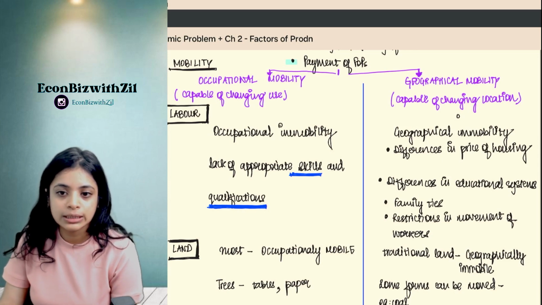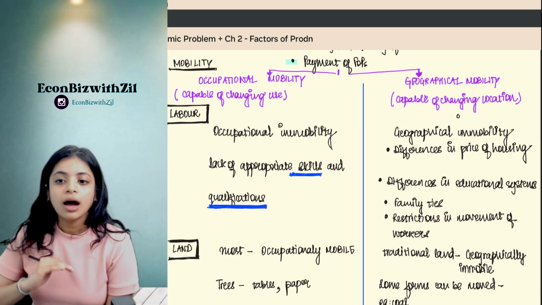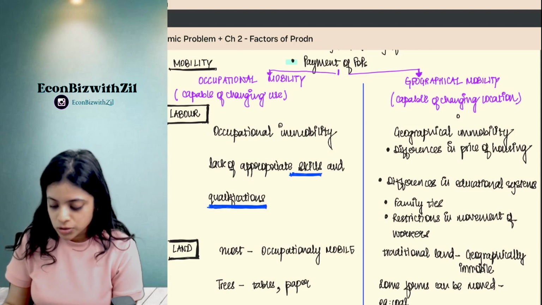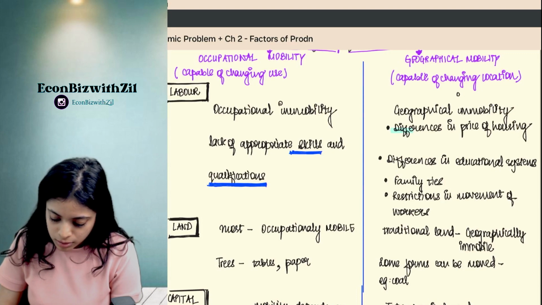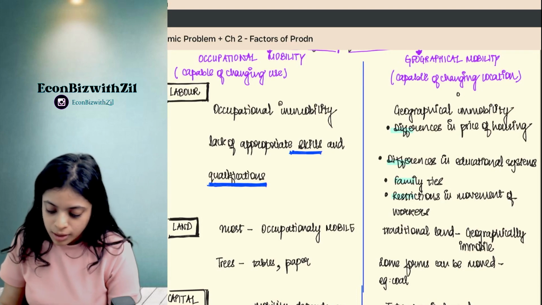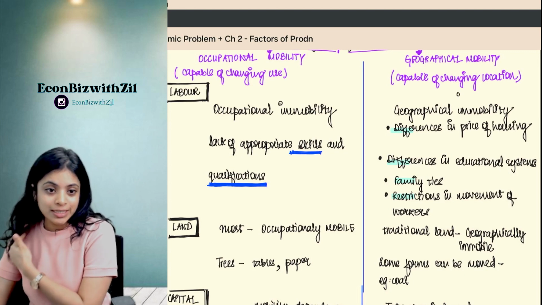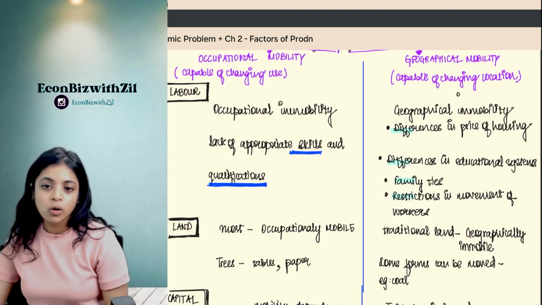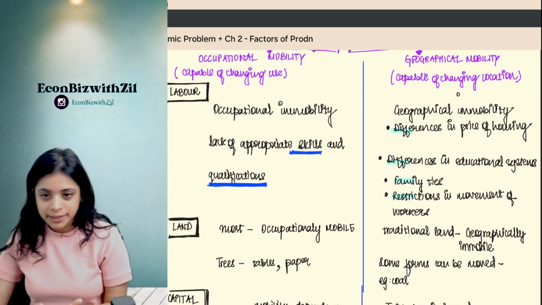Geographical immobility, it depends. There could be immobility or there could be mobility. Immobility mainly depends on these four factors. I wouldn't want to move to another city because of the difference in the price of housing and other utility items that are there.